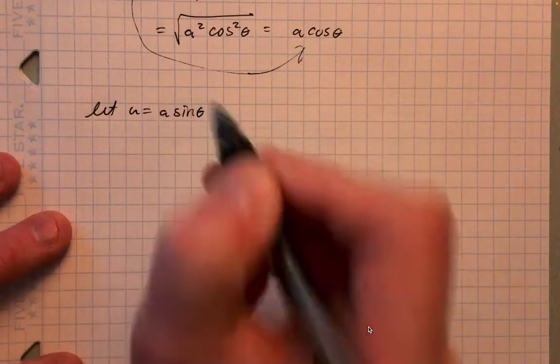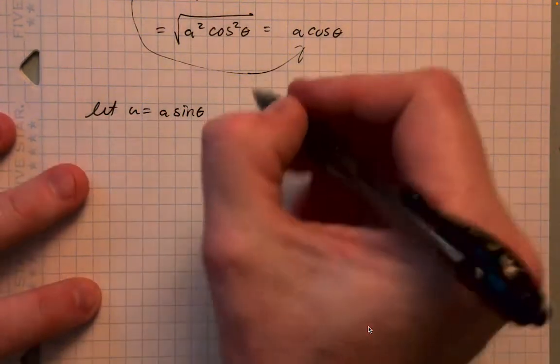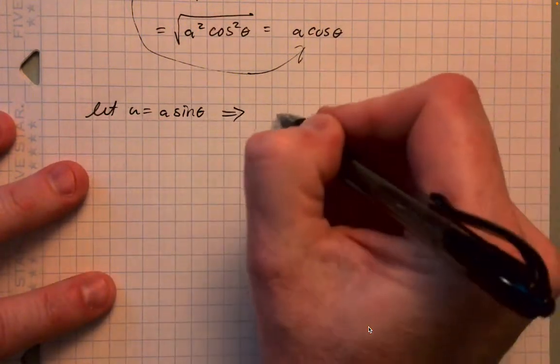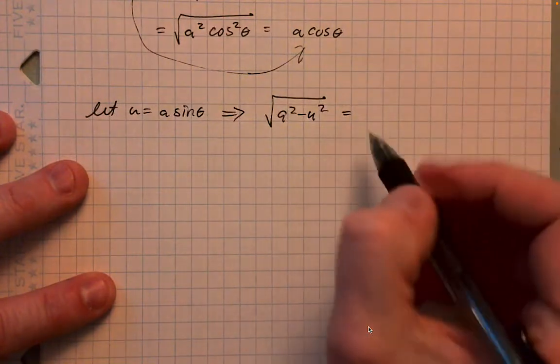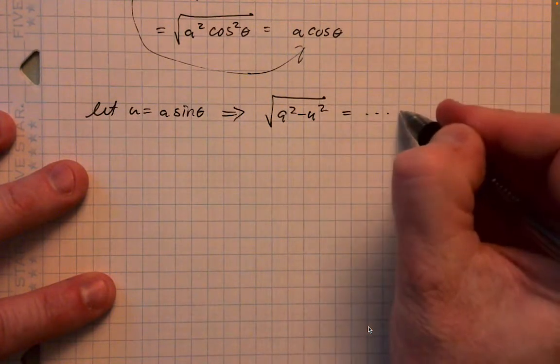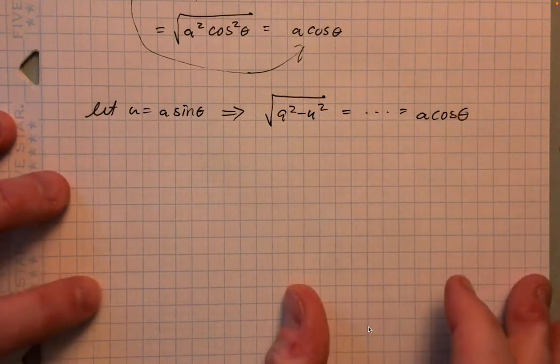Right, what does that mean? Okay. Well, as we just saw, what that implies is that the square root of a squared minus u squared is equal to, we just did it up above, a cos theta. Okay.